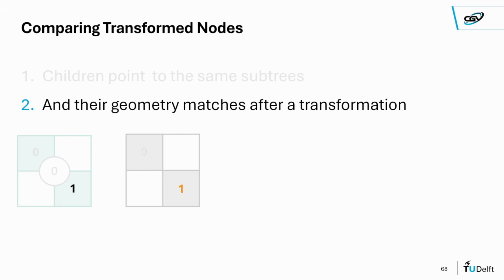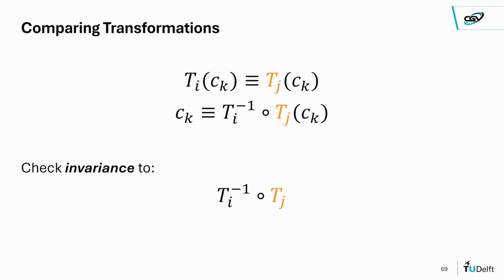Second, we need to look at the transformations associated with them, because the two subtrees might be different after applying the transformations. And to do this, we rewrite the formula a little bit, so we can use our invariants that we computed before.